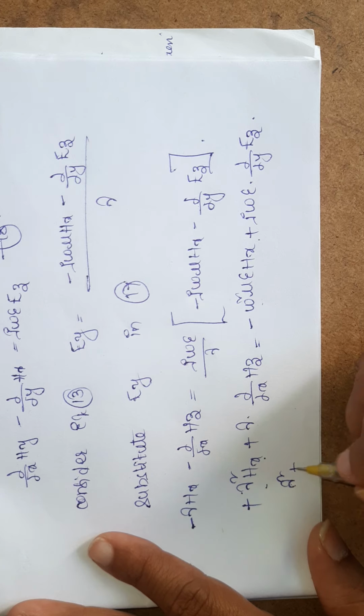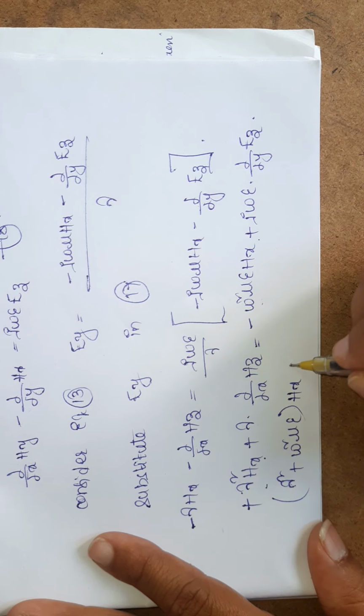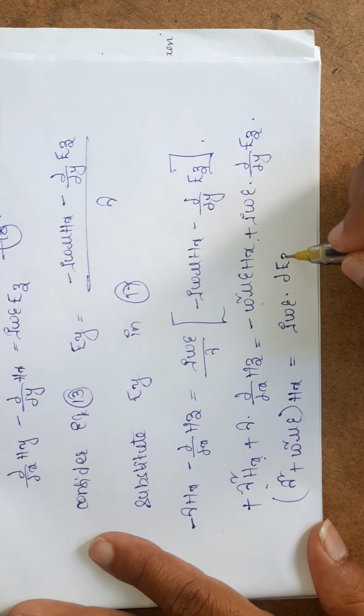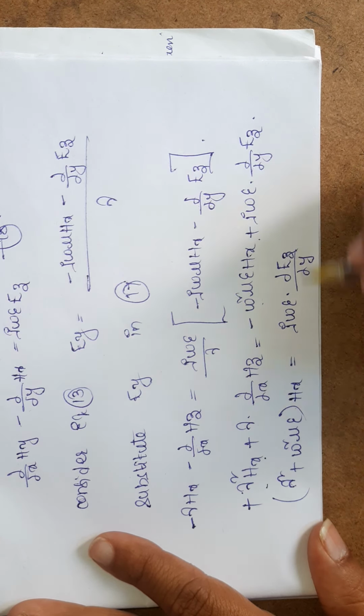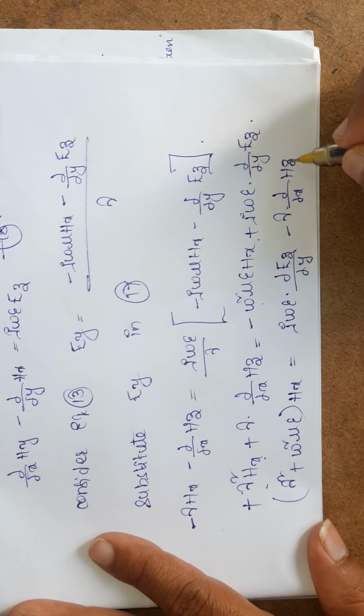So I'll get gamma square plus omega square mu epsilon Hx is equals to j omega epsilon dou Ez by dou y, and taking this side minus gamma dou by dou x Hz.